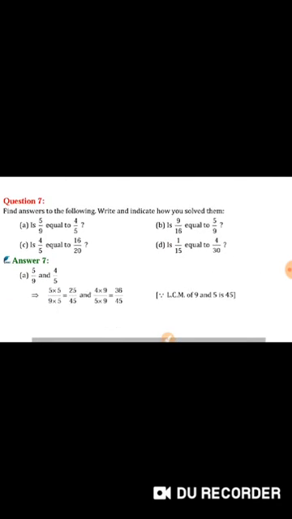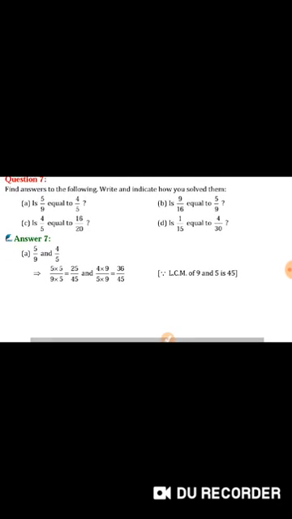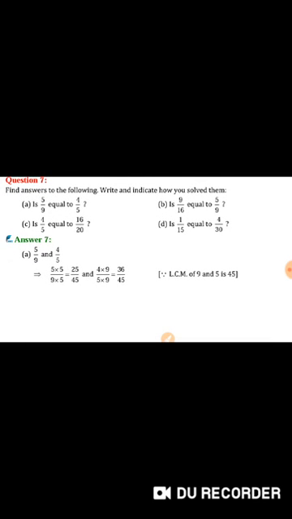So the seventh one: find answers to the following, write and indicate how you solved them. Okay, is 5 by 9 equal to 4 by 9? Is 9 by 16 equal to 5 by 9? We have to check whether these are equal or not, meaning whether these are equivalent fractions or not. So to check equivalent fractions, the first step is to bring them to the simplest form.